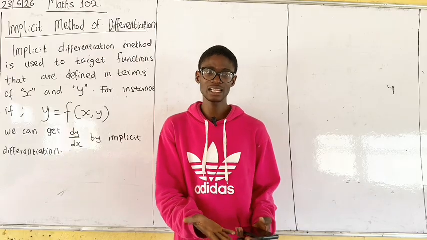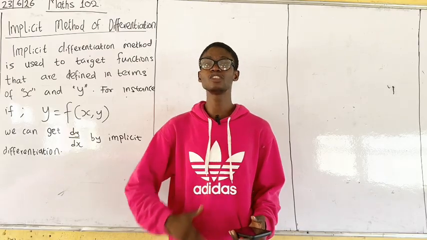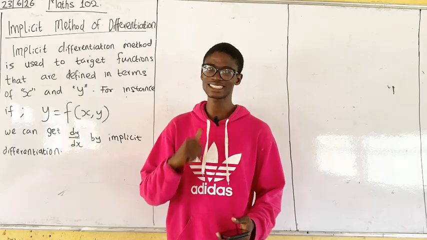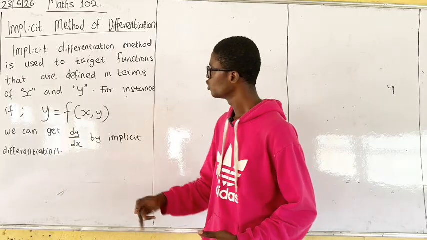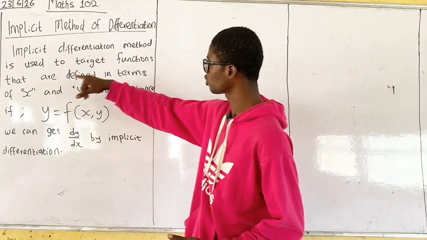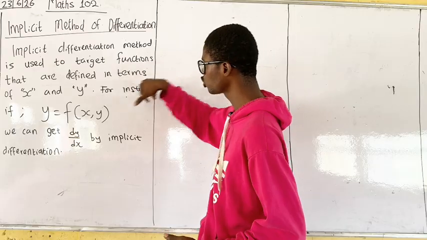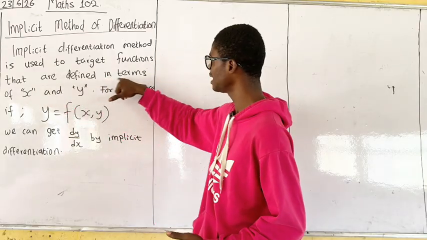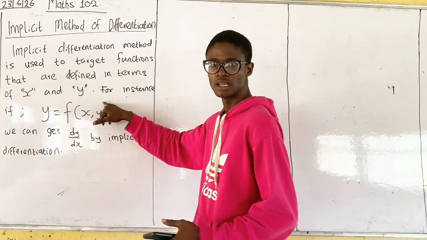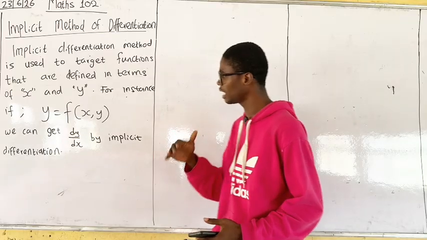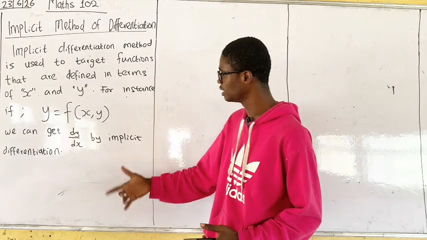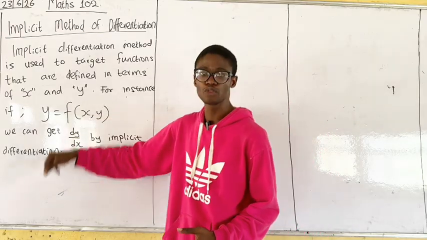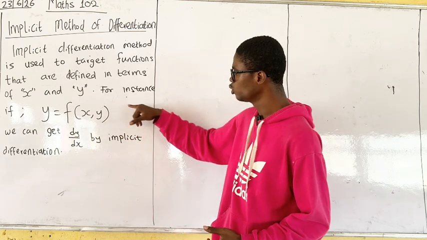So we say the implicit differentiation method is used to target functions that are defined in terms of x and y. These functions that cannot be expressed explicitly in terms of only x, we use implicit differentiation to differentiate them.